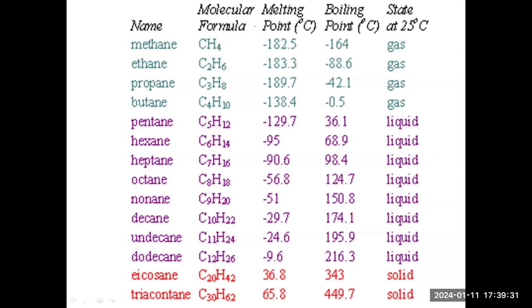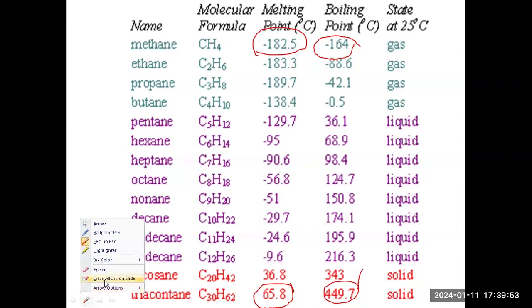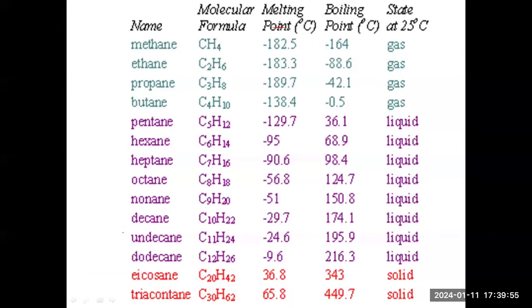So you can see the melting point starts with this number, minus 182.5, but then it ends at a positive number, 65.8. Such a great increase. Same is with boiling point, and then the physical state. So this is the gradation in the physical properties.